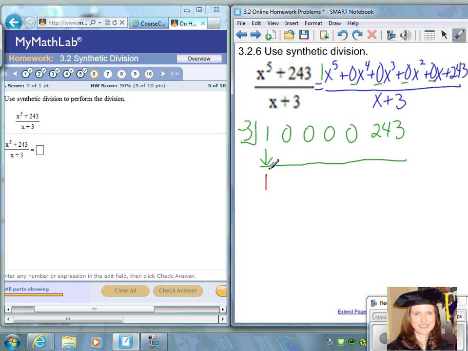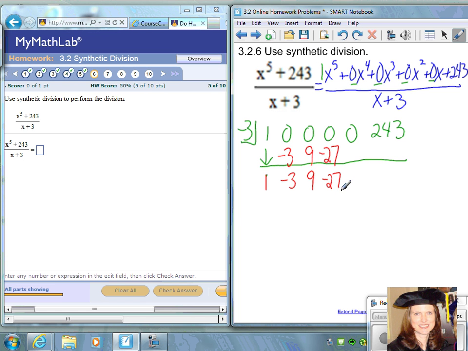The first coefficient, 1 times negative 3, 0 plus negative 3 is negative 3. Negative 3 times negative 3 is a positive 9. 0 plus 9 is 9. 9 times negative 3 is negative 27. 0 plus negative 27 is negative 27.